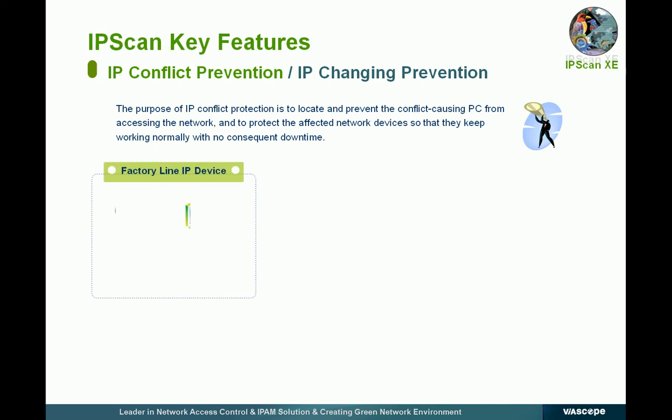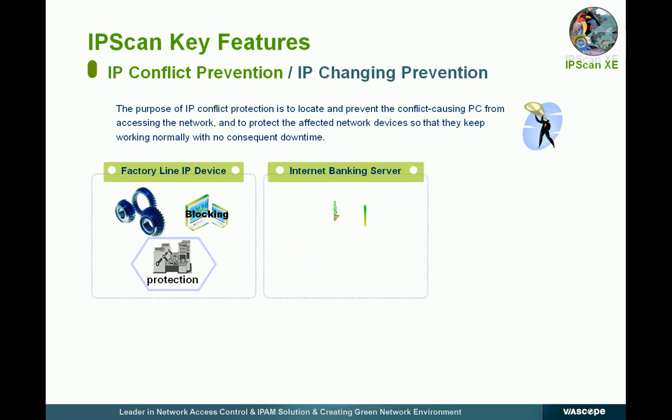For example, in machinery industry, an IP conflict due to a change to an IP that is used in factory automation machine may occur by an unauthorized PC or laptop computer user, leading to factory shutdown, a serious problem. In such a case, factory machinery featuring IP conflict protection can be protected by the very function, and the network admin can block troublemaking PCs from accessing the network immediately, therefore potentially preventing a huge financial loss.